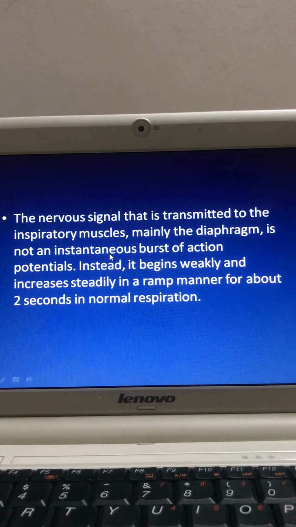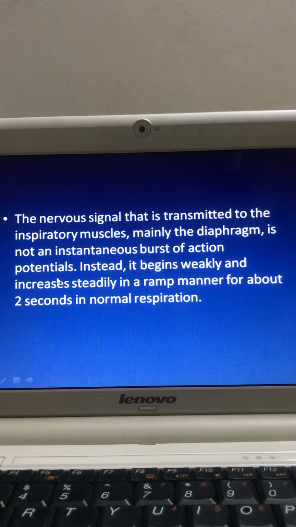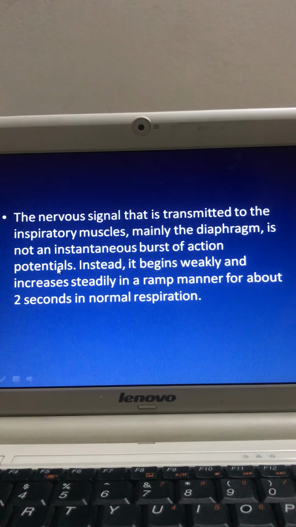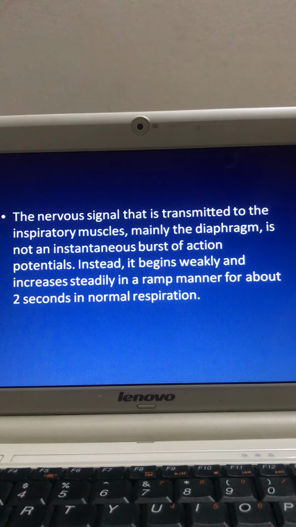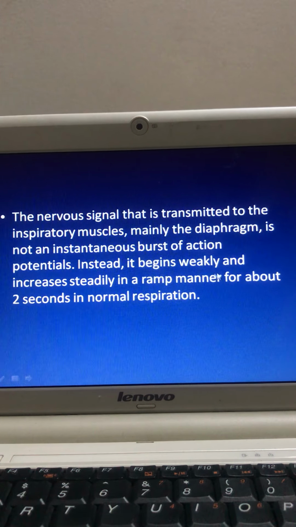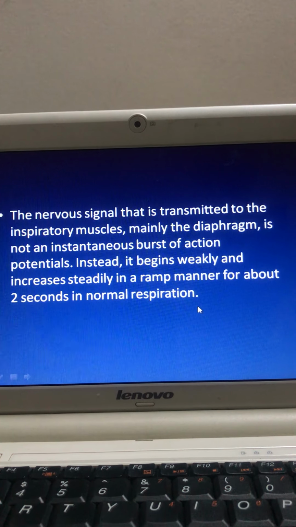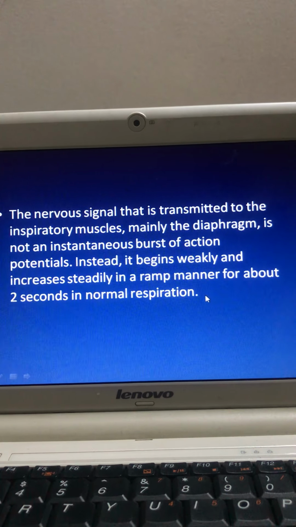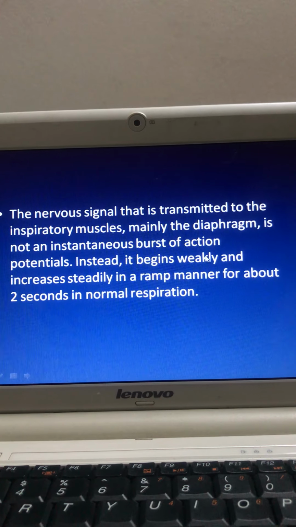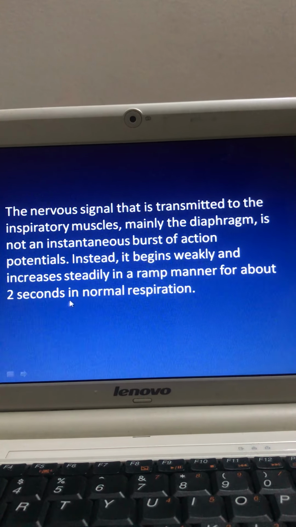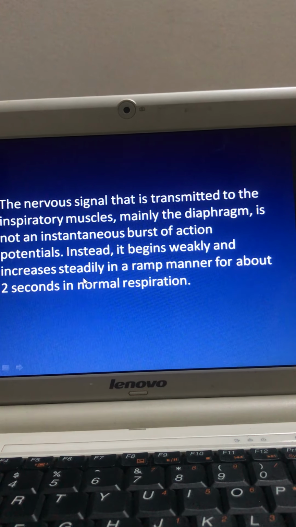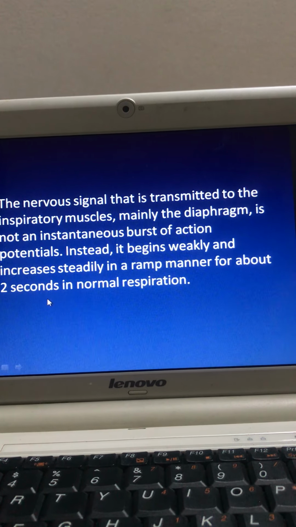It is not an instantaneous burst, that is, there is no sudden action potential, but it begins weakly and increases steadily in a ramp manner, for 2 seconds, that is, in inspiration.